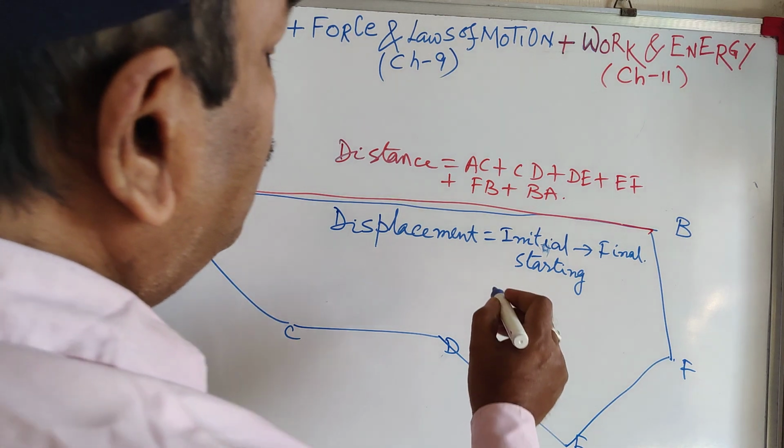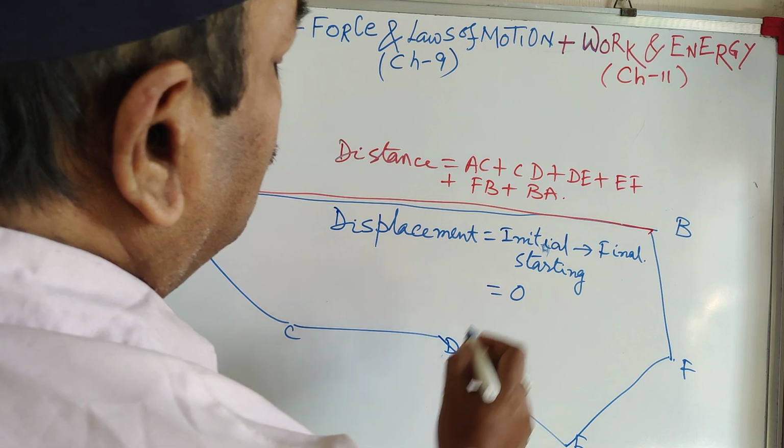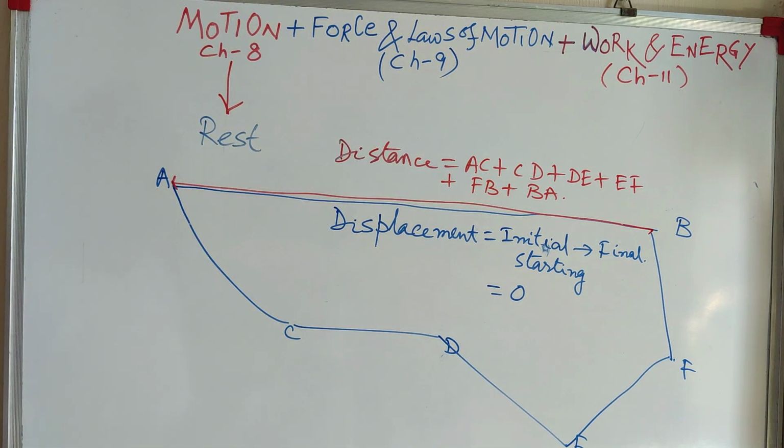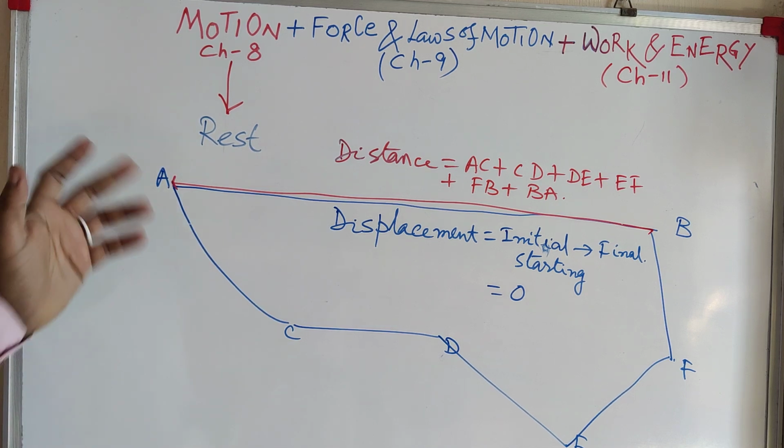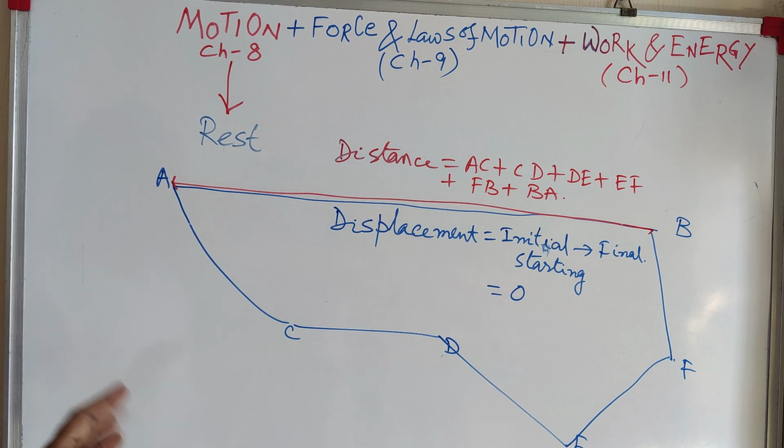Displacement here becomes zero, because the straight line distance between the initial and final position or point is called the displacement. Here the straight line distance between A and A is 0, so displacement is 0. Understood? This is the difference between distance and displacement.